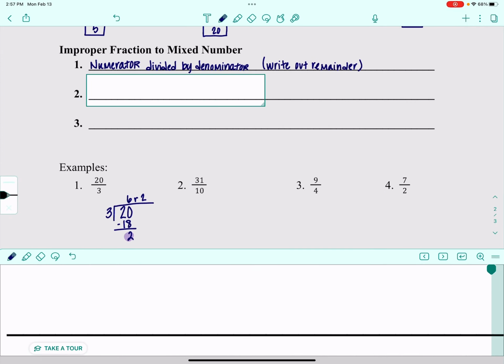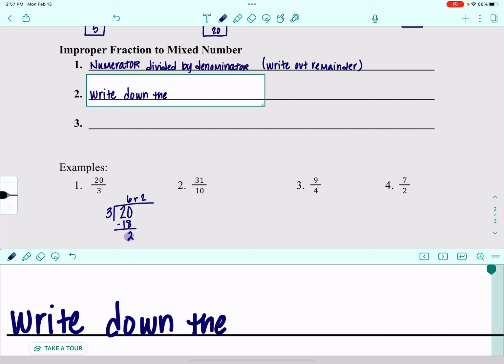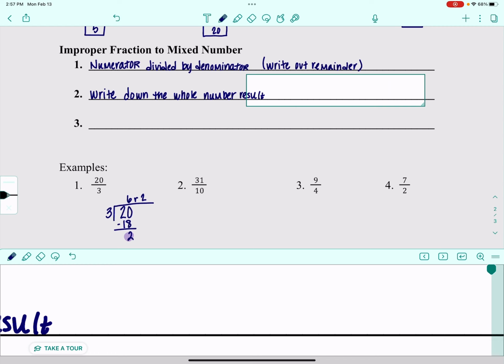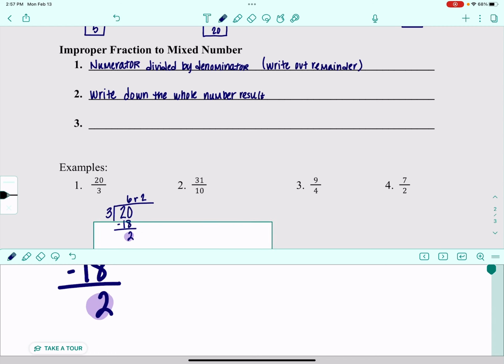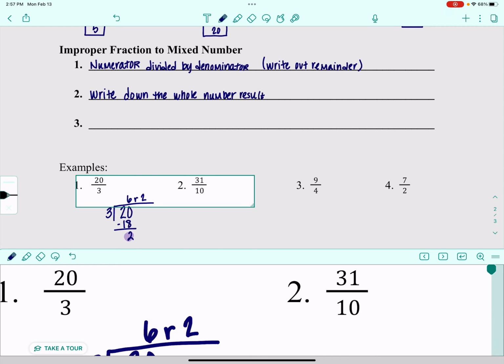So our second step is going to be write down the whole number result. So in this case, we would write down the 6.